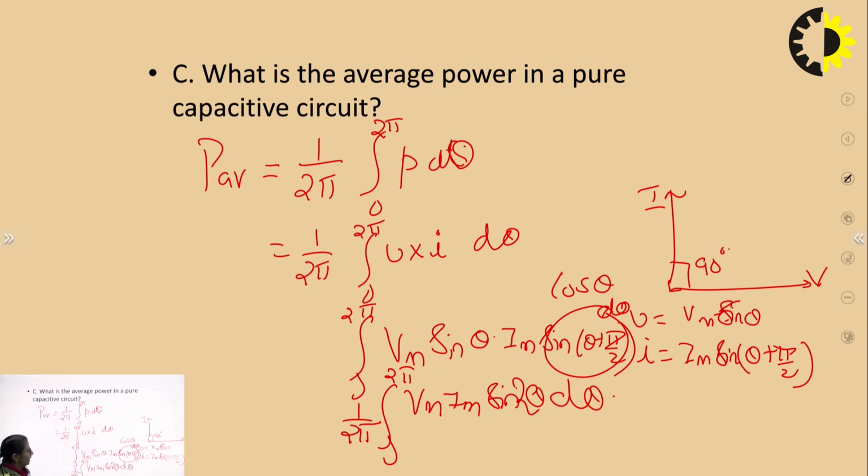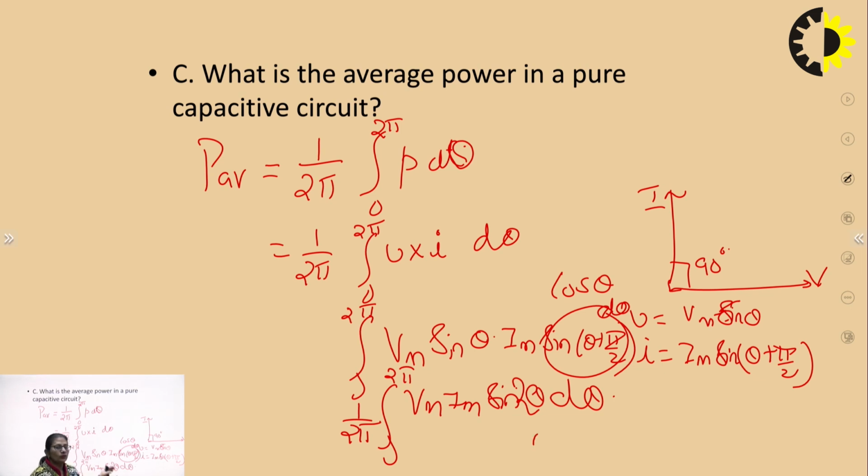Now, this is sin 2 theta d theta. That means the power curve will have twice the frequency, but it will once again be a sinusoidal term.